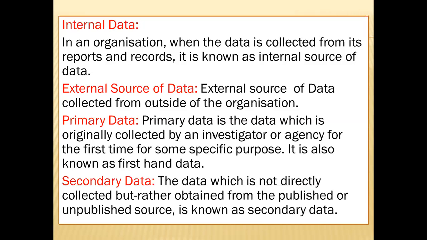It may be published or unpublished data. So we have two types of sources of data: internal data and external data, and external data is further divided into primary data and secondary data.